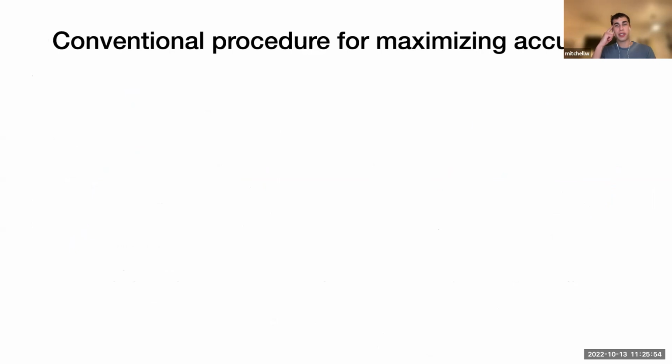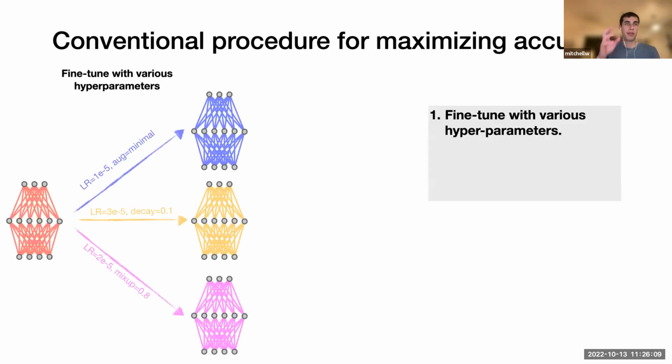So what is the conventional procedure for maximizing model accuracy? Let's say you had a deadline and you're just trying to get the best possible accuracy on some benchmark. What you might do is try a bunch of different hyperparameters. So maybe you try some mixup, maybe you try different learning rates and so forth. And this is in the context of fine-tuning.